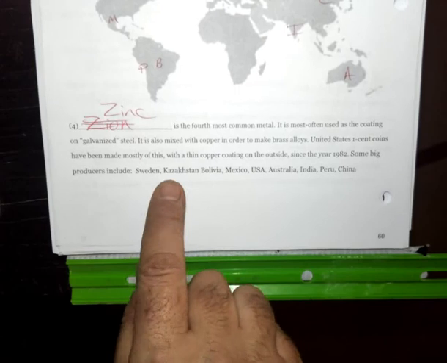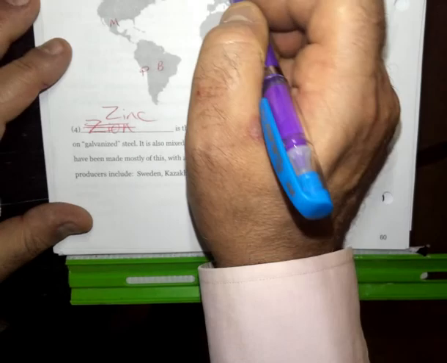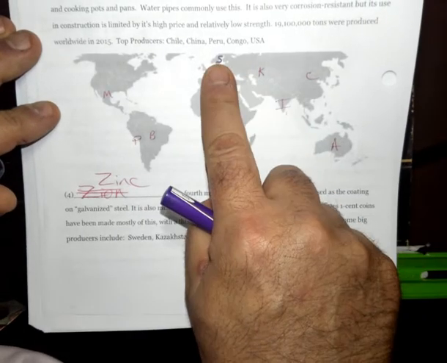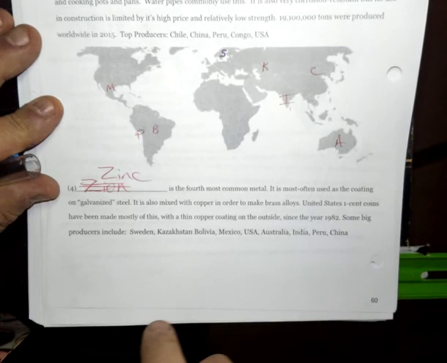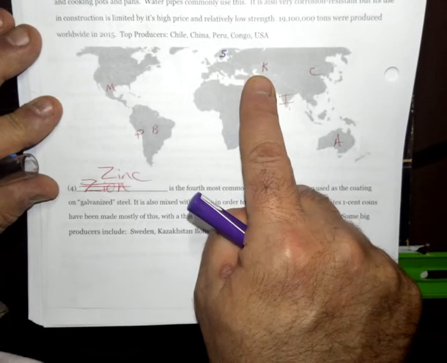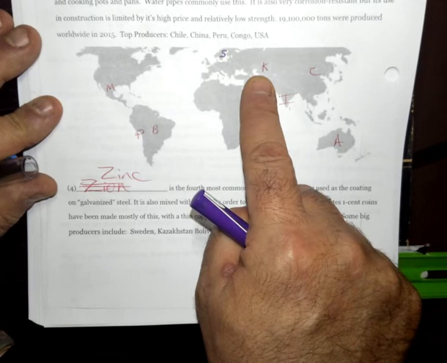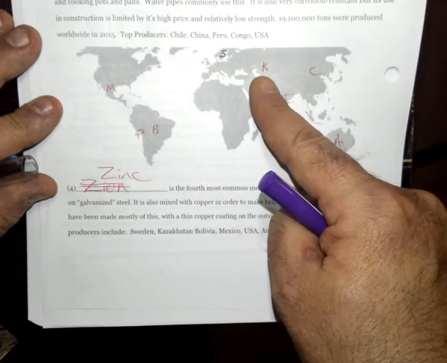So that's found in Sweden. Sweden is up here. There's Sweden. Kazakhstan is right there. It used to be part of the Soviet Union. It's now its own independent country. Bolivia is by Brazil.